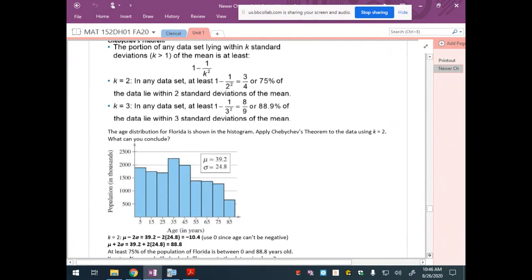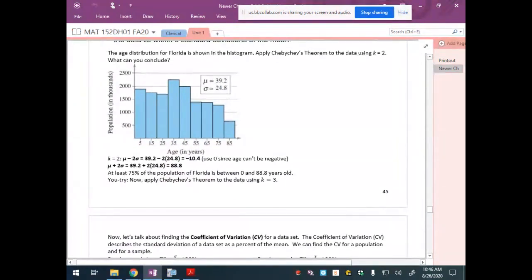So the age distribution for Florida is shown in this histogram. If we applied Chebyshev's theorem to the data using k equals 2, what could we conclude? Well, k equals 2, that's 75%. So basically, we would need to go 2 standard deviations above and 2 below the mean.